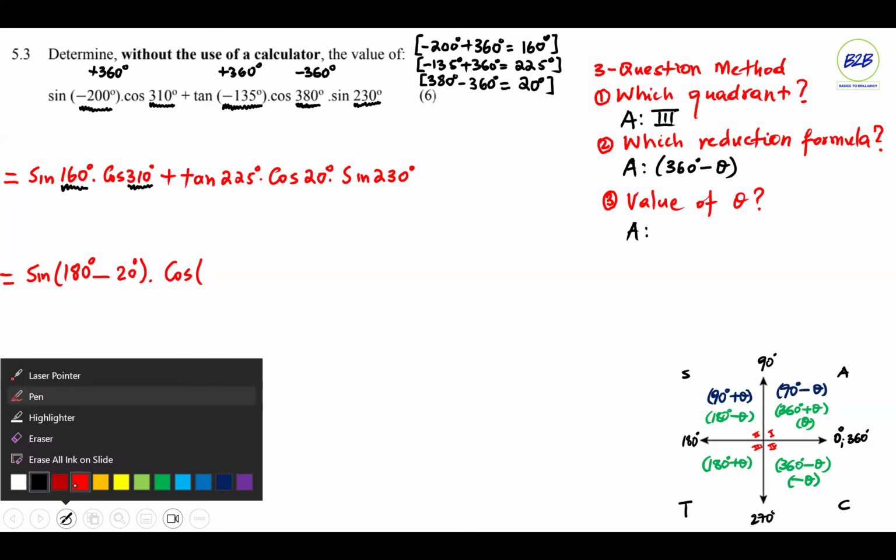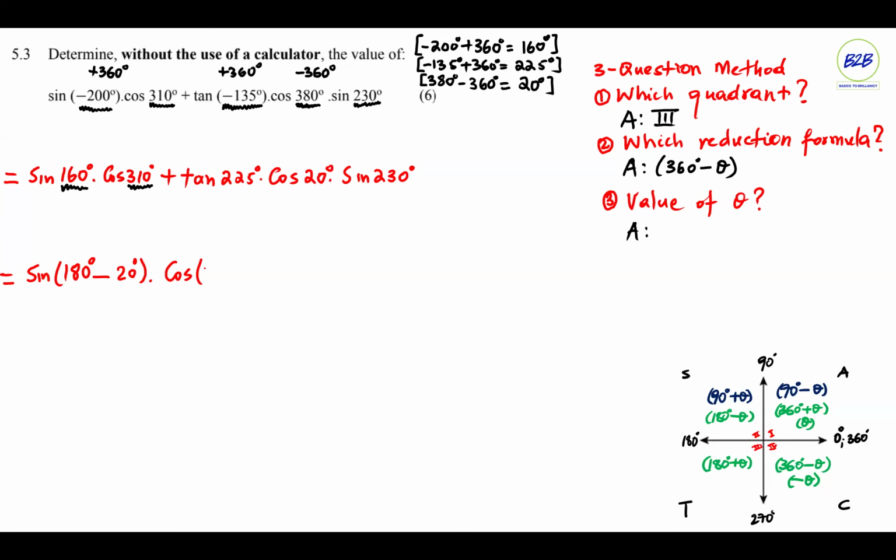So when we are at the second step, we can come and substitute here: 360 degrees minus theta. Then our $1,000,000 question comes once more. The last question: what is the value of theta?